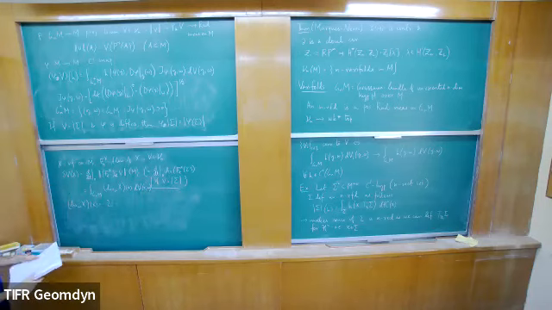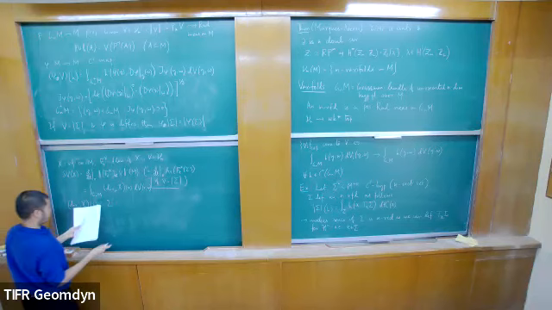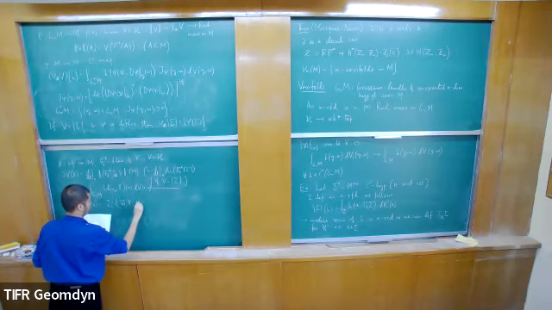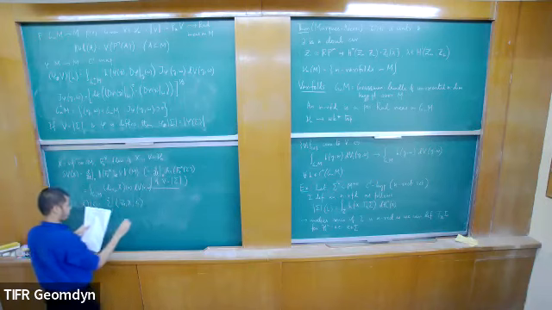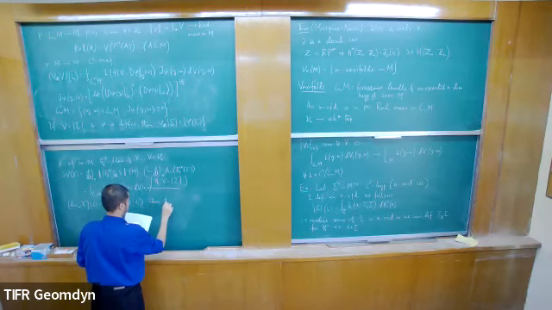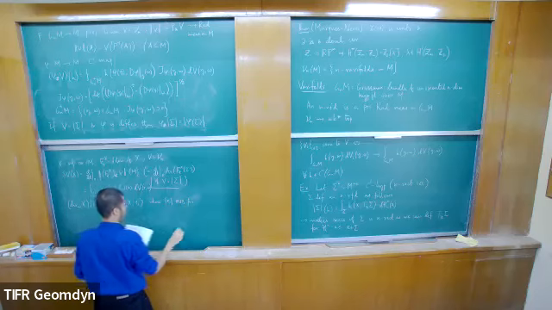Capital X is a vector field, small x is a point in M, and omega is an n-dimensional hyperplane in the tangent space at x. And this is equal to the summation of the inner product of nabla e_i X comma e_i, i from 1 to n, where e_i is an orthonormal basis for this hyperplane omega.